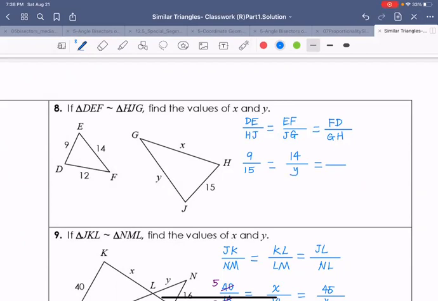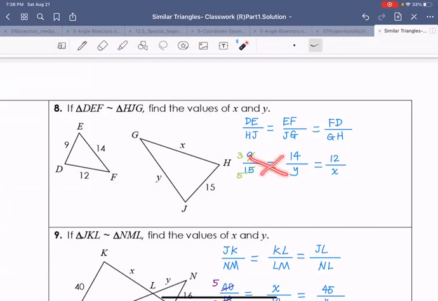FD is 12. GH is x. Correct. Now we want to simplify 9 over 15. It's going to become 3 over 5. And then we can do the cross multiplication.